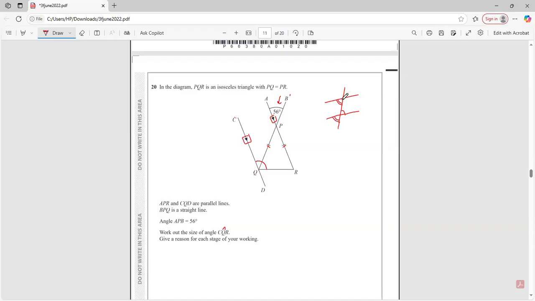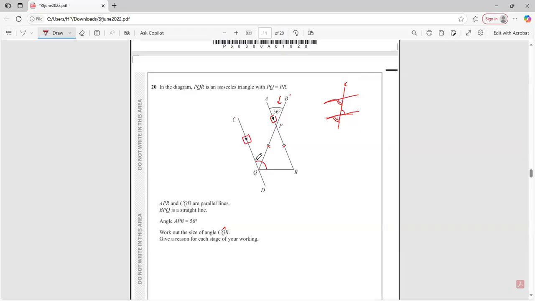This is the corresponding angle because it's on the same side of this parallel line and this parallel line, compared to the line that is traversing both of them. Okay, so remember that alternate angles are equal, corresponding angles are equal. So let's go. Give a reason for each stage of your working.